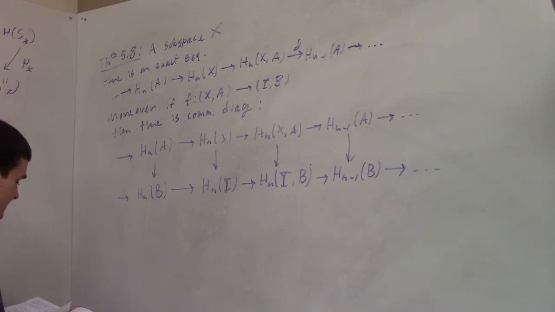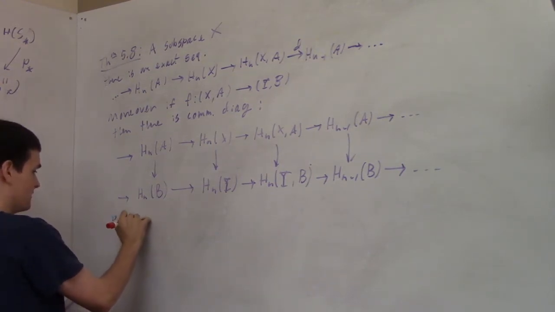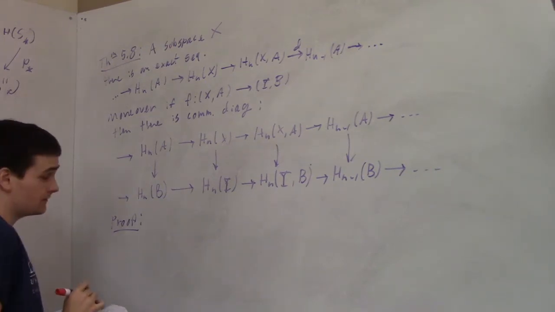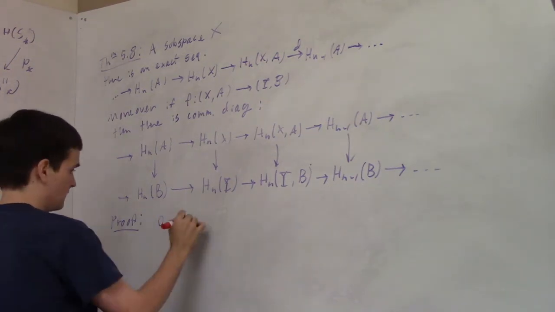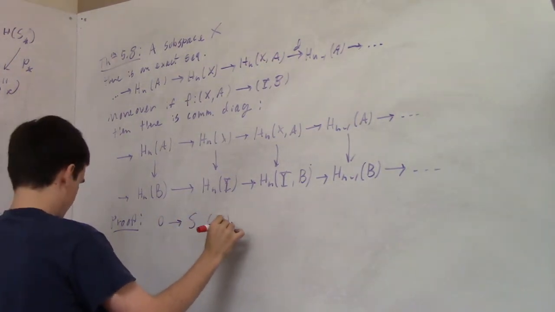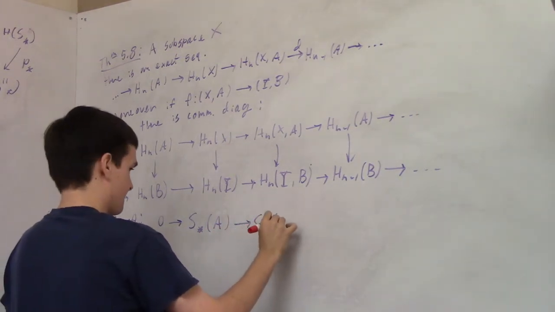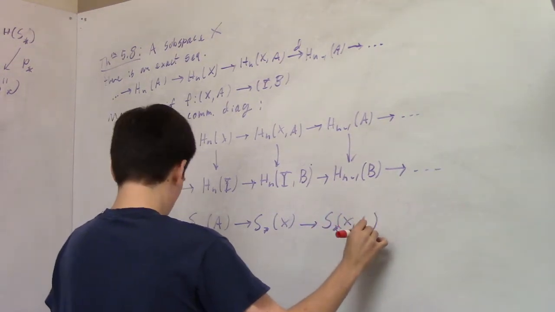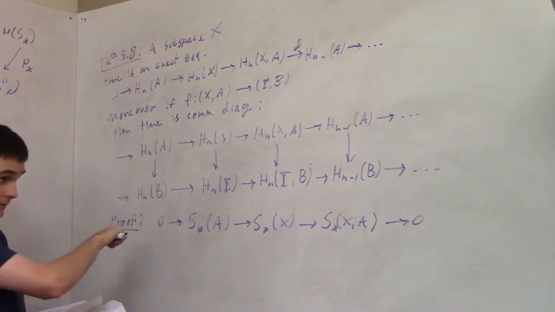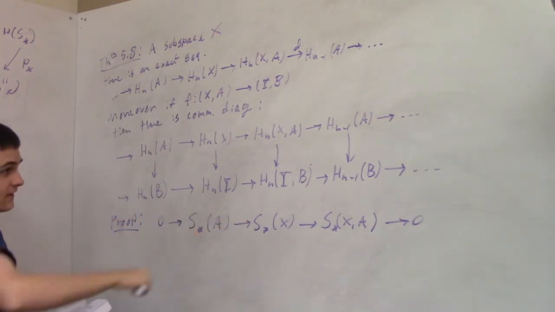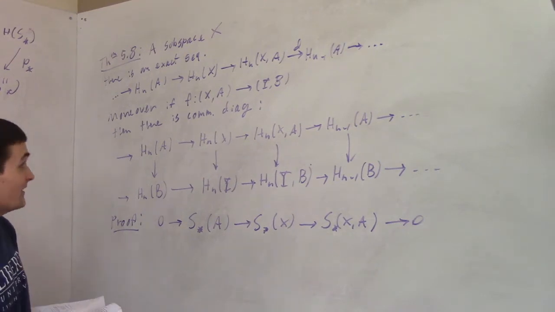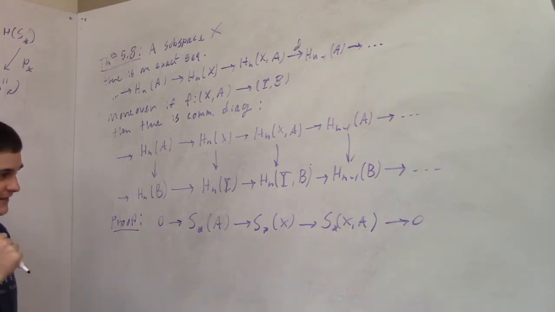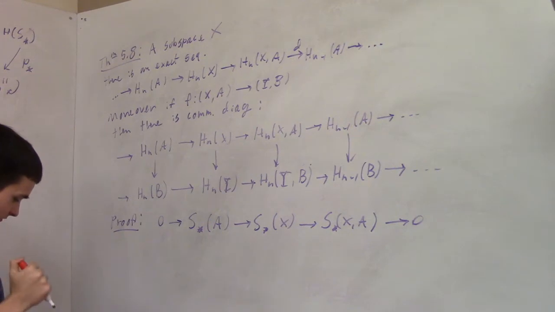My thought was, if you look at this short exact sequence of complexes, if we could find a short exact sequence of complexes like this, then it would be immediate from theorems 5.6 and 5.7.